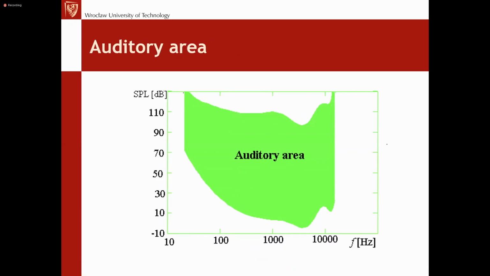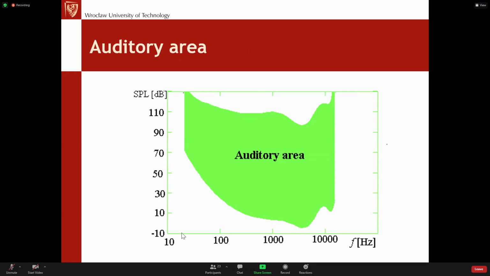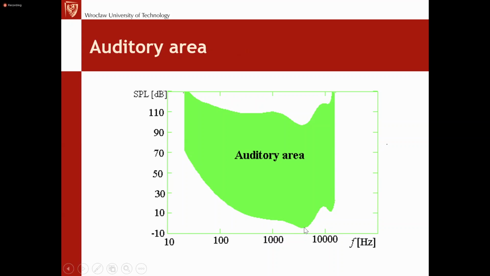And the auditory area, which can perceive sound, lies between 20 hertz and approximately 16 kilohertz or 20 kilohertz, and ranges from sound pressure levels of about 0 decibels to maximum values of about 100 decibels.